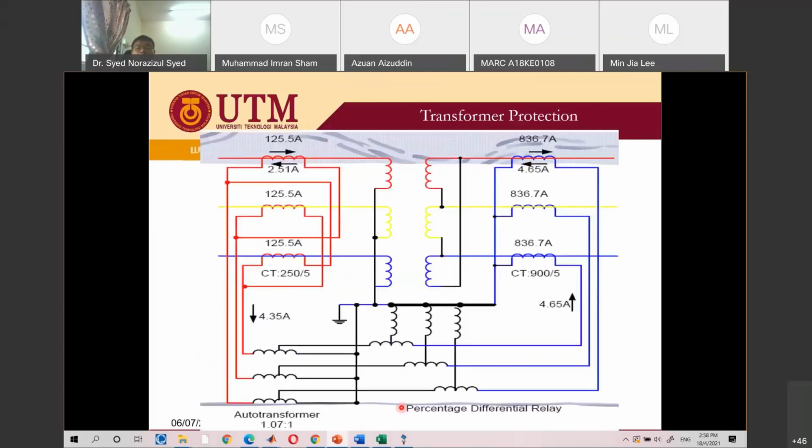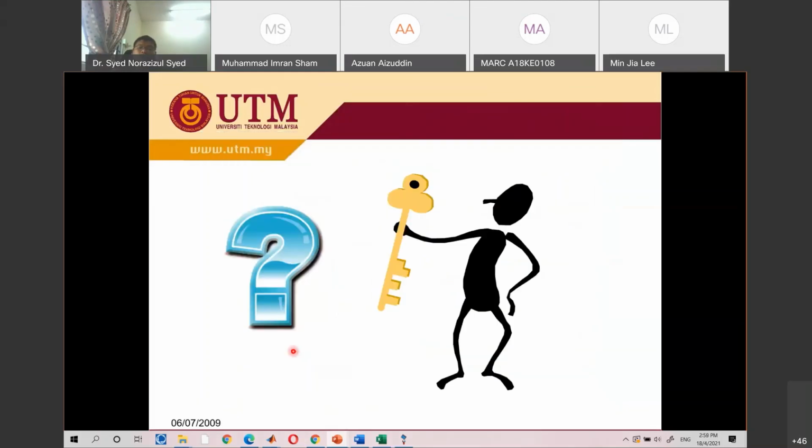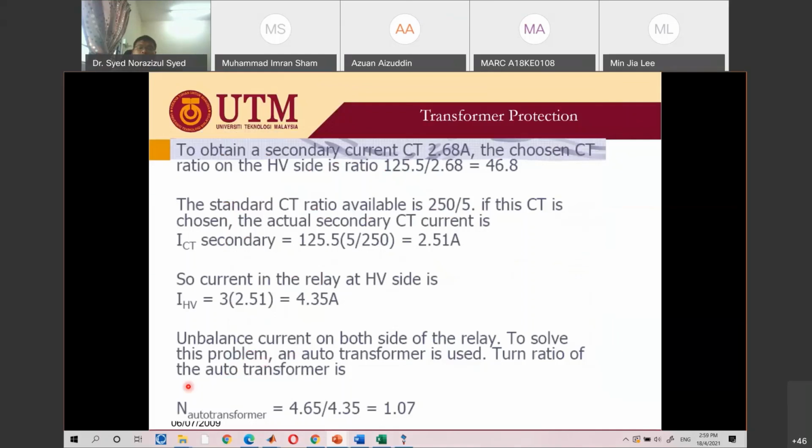Okay, where do you put the 1.07? I think it's not catered in the auto transformer here. So in practical, we call this the CT factor.